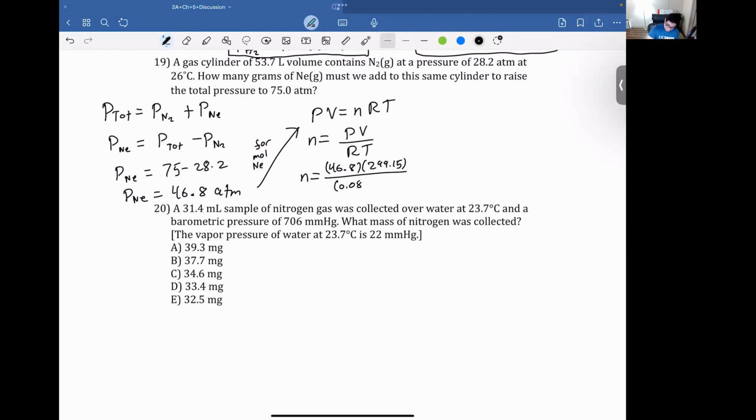R is 0.0821. Oh wait, sorry, 299.15 is the temperature. The volume is 53.7. Then you can plug this in. You get 102.33 moles of neon.